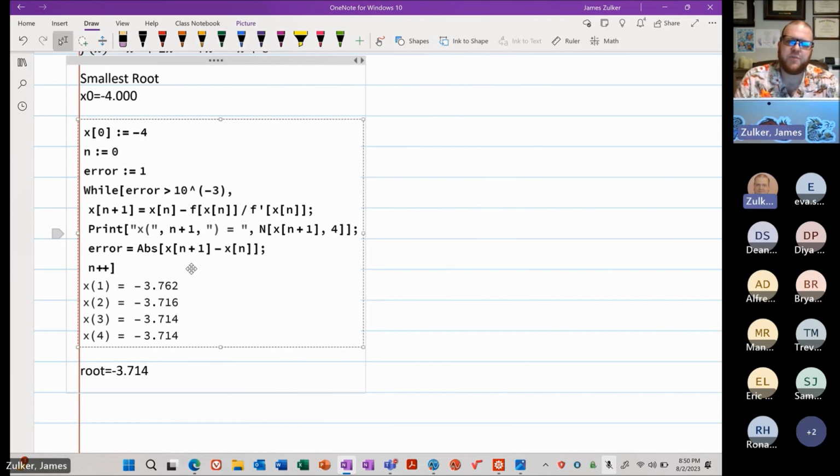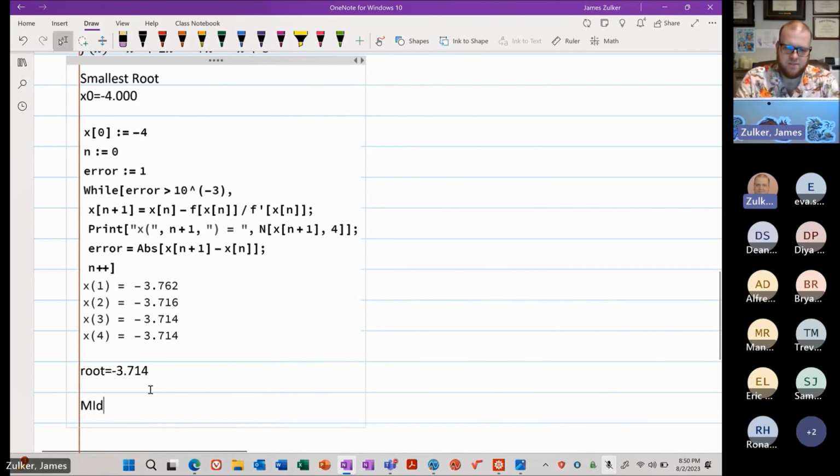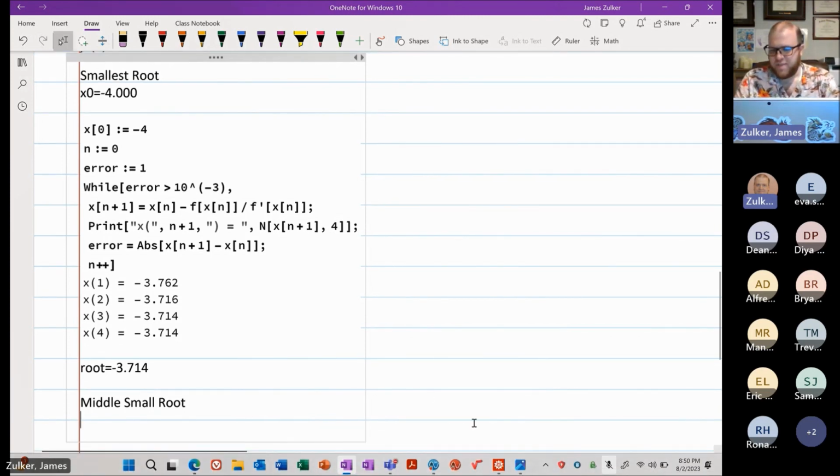Right, but now here's the beautiful thing about how I wrote it, and that's the reason I wrote it this way. And the middle small root. So look at that.